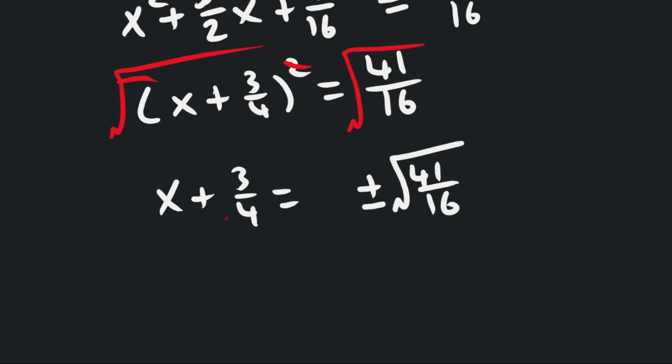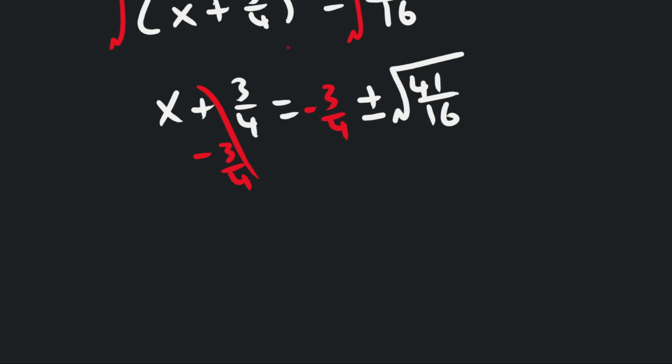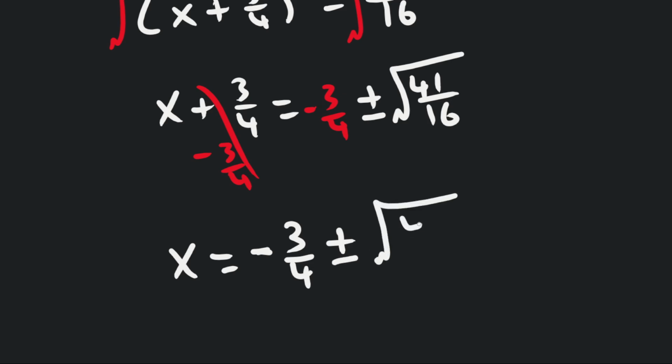And then we subtract 3 over 4 from both sides. And we finally have two solutions for x, which we can write all together as x equals negative 3 over 4 plus or minus radical 41 over 16.